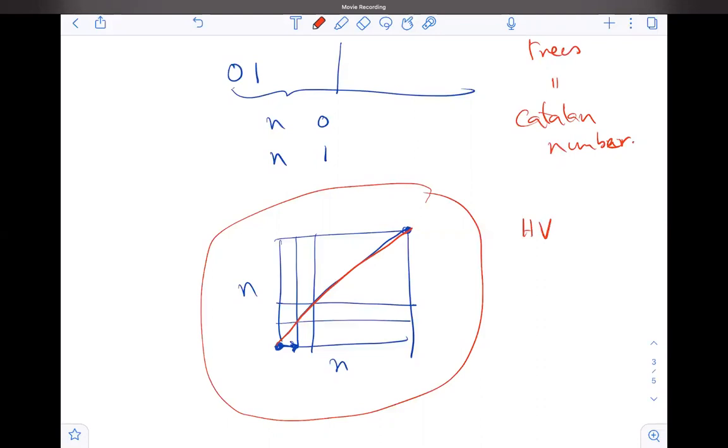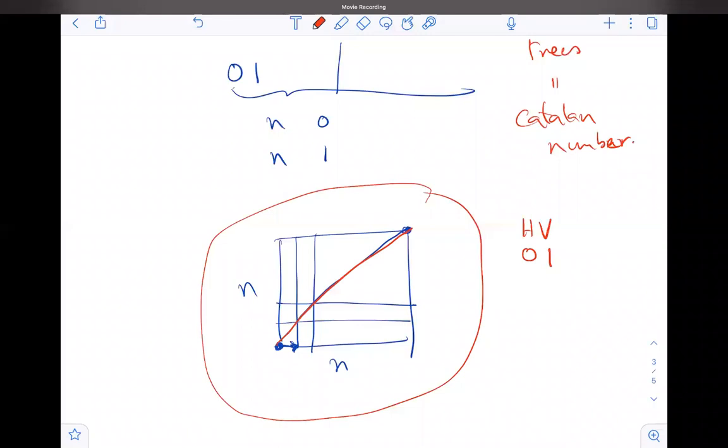And here 0 can correspond to the horizontal movement, and vertical corresponds to 1. The idea is that at any point of time, the amount of vertical that you have gone must not exceed the amount of horizontal that you have gone. Right? Here we cannot cross the red line. You can touch the line, but you cannot cross it. Okay, sir.